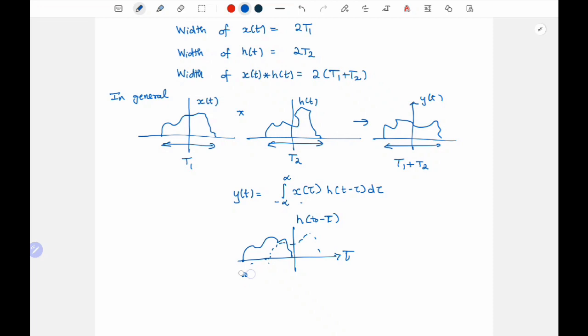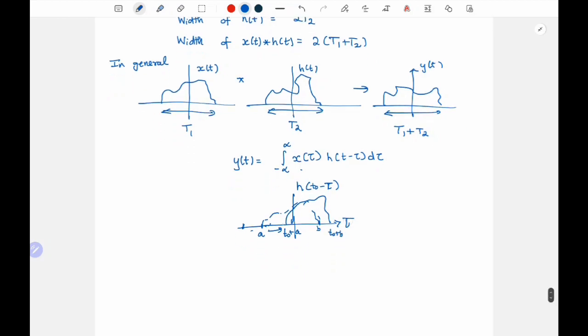Actually, it is the right shift, right? So let's say this was the initial signal, and then it is being pushed by t naught. So initially, if it was at some A, this will be at t naught plus A. And if this was at B, this will be at t naught plus B.